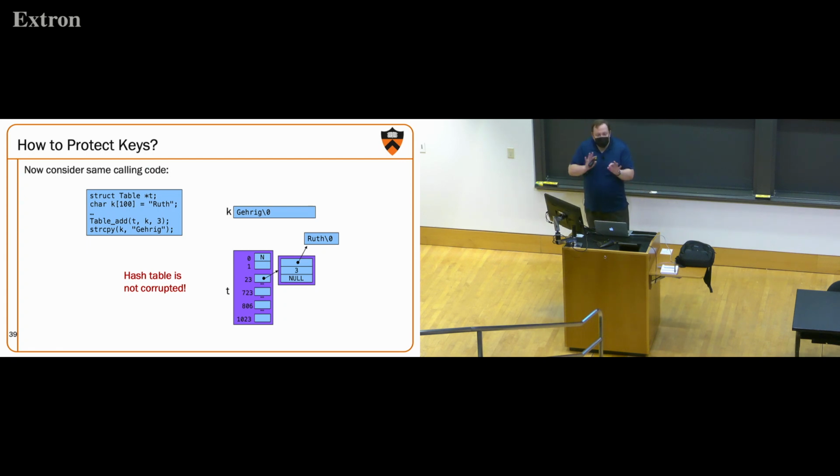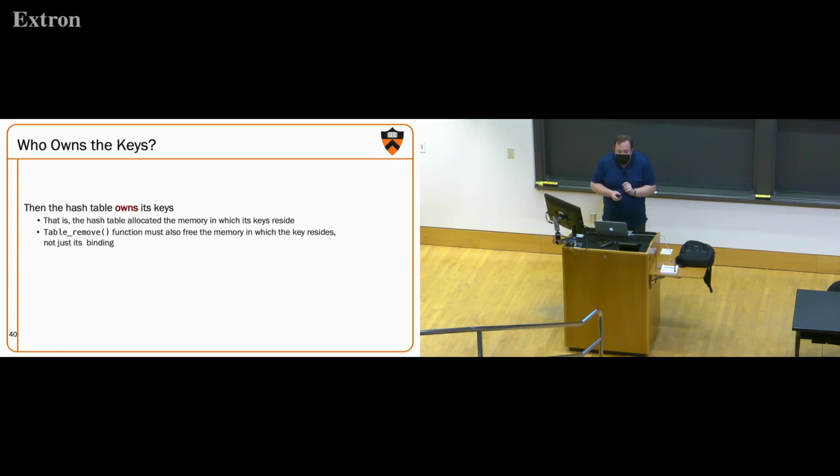So, a few more details. We now say that the hash table owns its keys. So this is where we get back to the concept of ownership. The hash table now has taken on responsibility for making sure that the keys that it allocated eventually get freed.